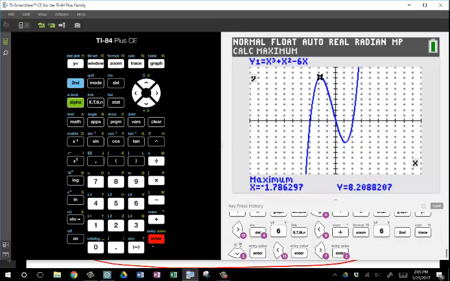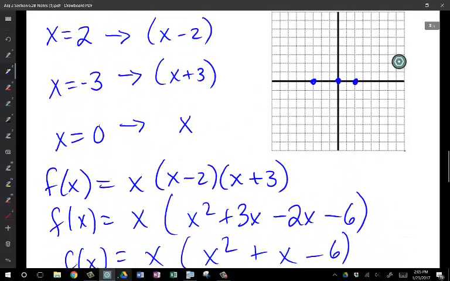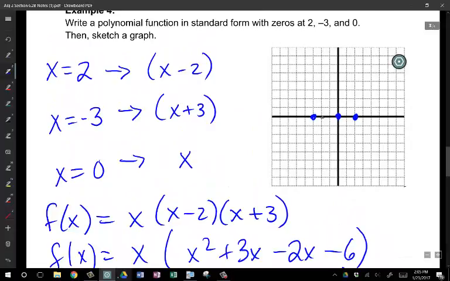Negative 1.78, 8.20. All right, do you agree? Negative 1.7, guys, at 8.2?